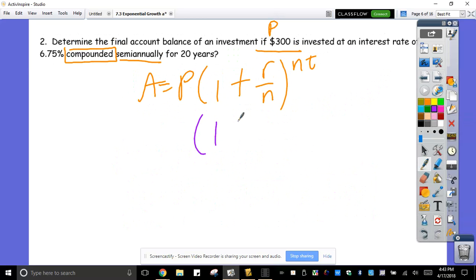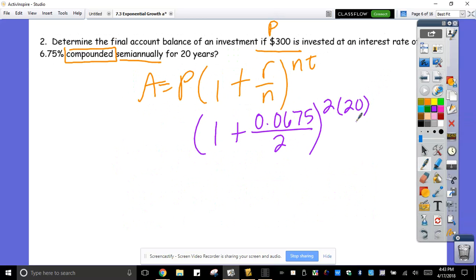So let me write that here now. 1 plus the rate, given as 6.75, you have to convert into a decimal value, or 0.0675. Basically, you move the decimal point 2 places to the left because it's over 100. Over n, semi-annual is twice, and then twice again in how many years? 20.